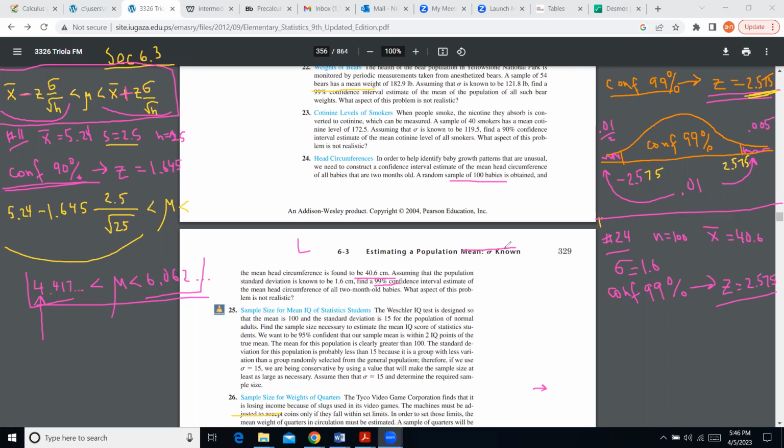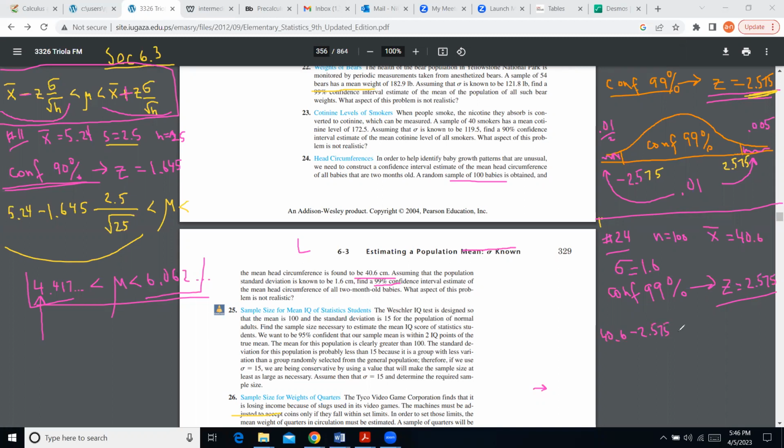The calculator works with any numbers whatsoever, right? So let us work with those numbers. Let us put them in the formula. So X bar is 40.6, right? Minus Z is 2.575.